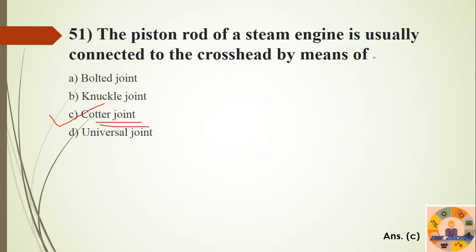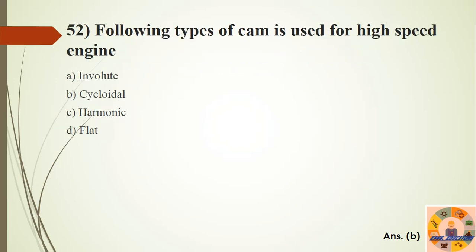And in an automobile or bike, two-wheeler or four-wheeler, the piston rod of an automobile engine is usually connected to the crosshead by means of piston pin or gudgeon pin, but in a steam engine it is generally connected by cotter joint. So the right answer of this question will be option C.